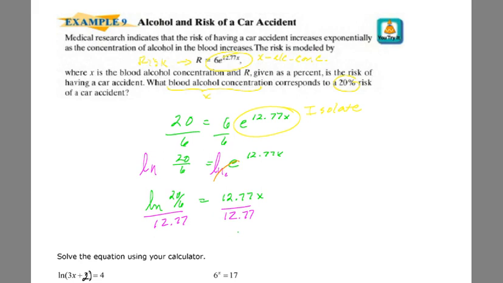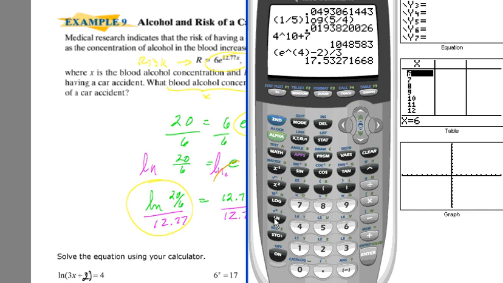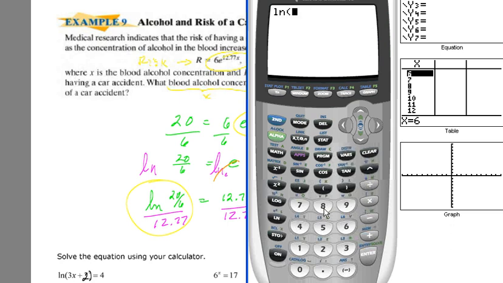We're going to go to our calculator for this and figure out the value of x by calculating ln of 20 divided by 6, and that whole quantity divided by 12.77.